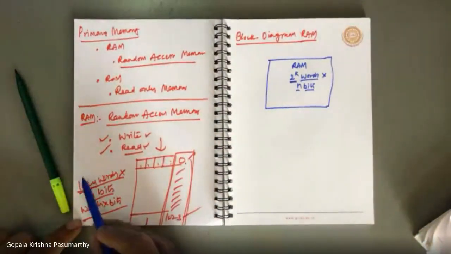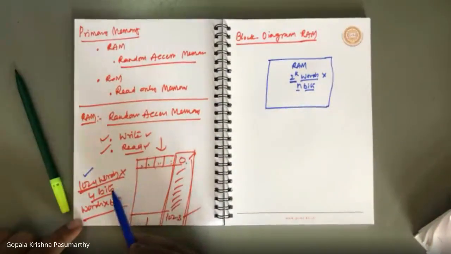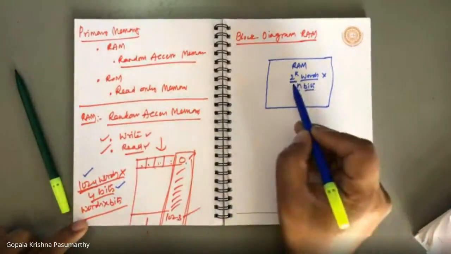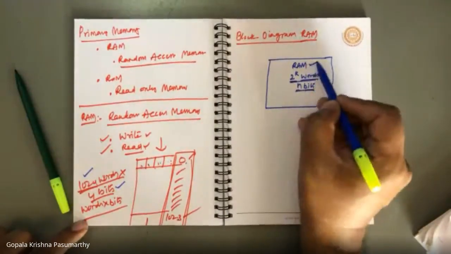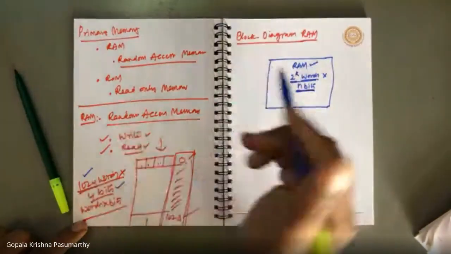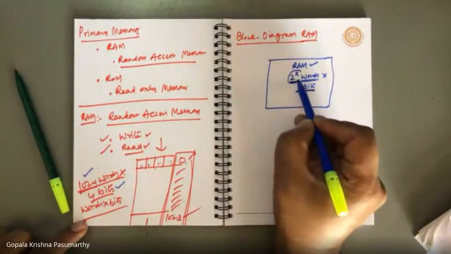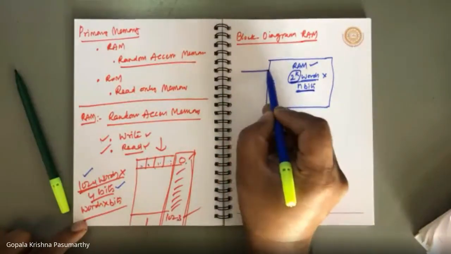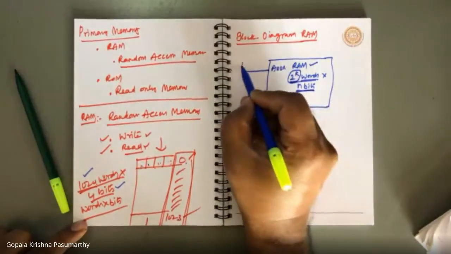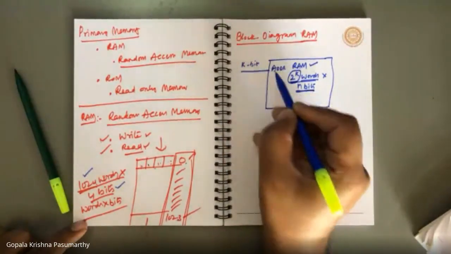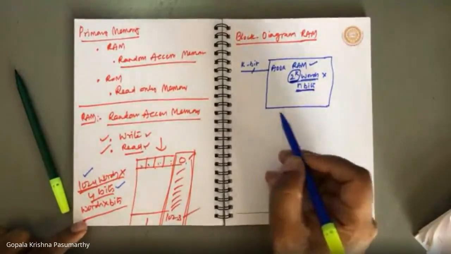For example, 1024 words, and the size of each word is 4 bits. See, each word is n bits. Since there are 2 to the power of k words, I need k bits. This is called address line, ADDR, address. Address is k bits because 2 power k words are there. I'll explain you why k bits.